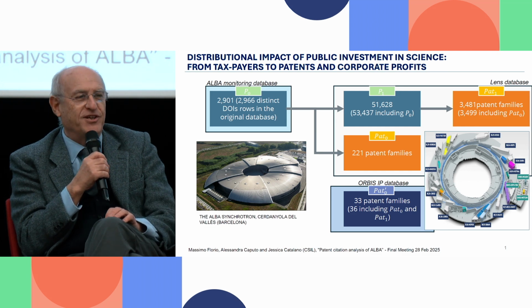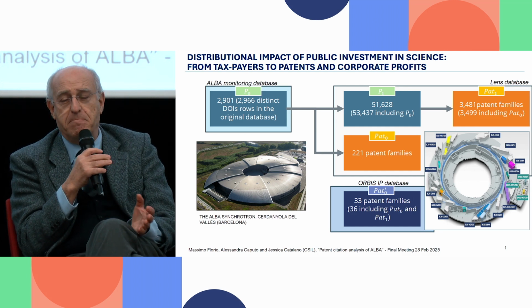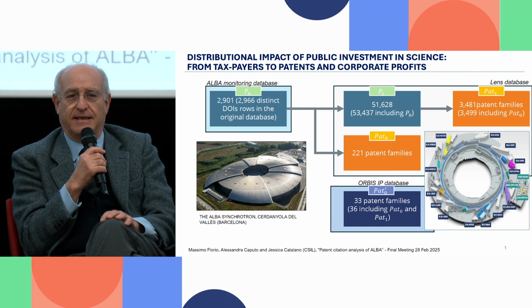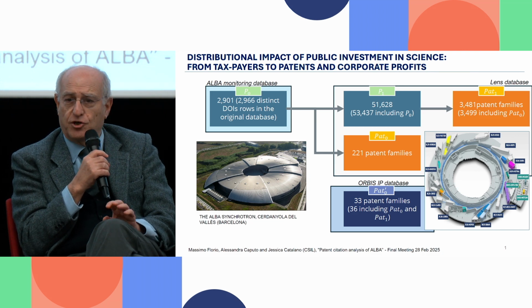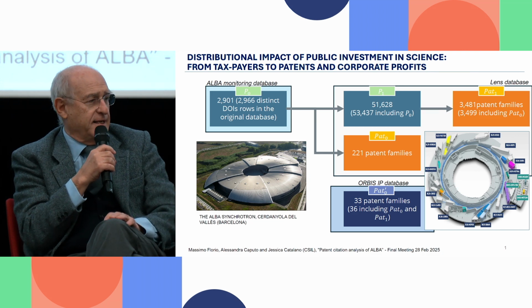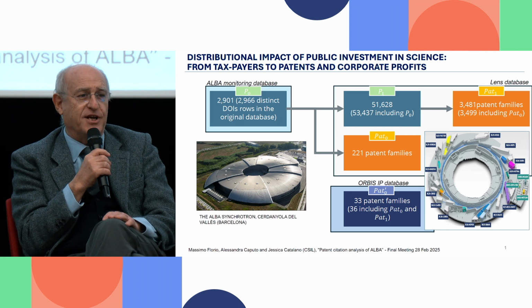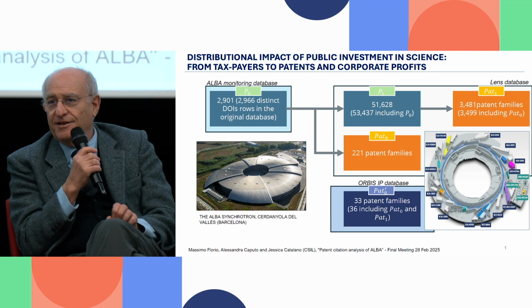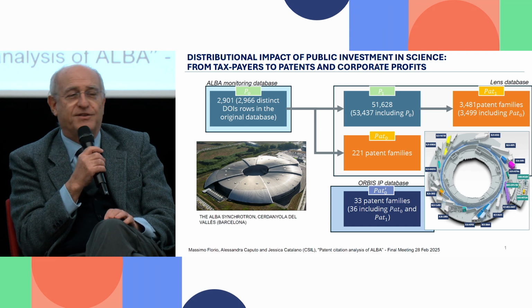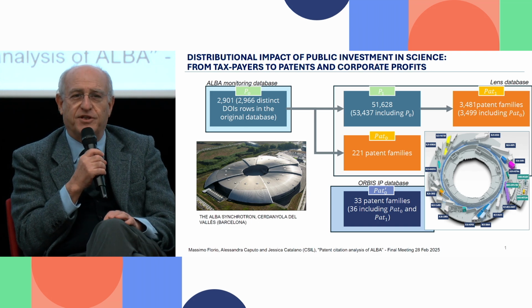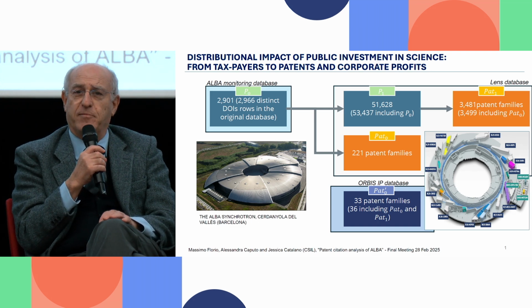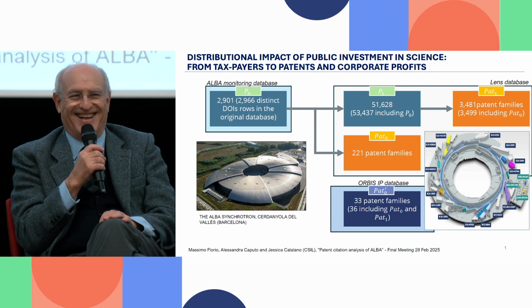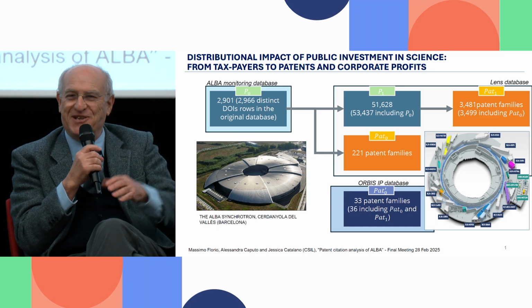A synchrotron radiation source is a big X-ray microscope. This one is Alba, near Barcelona. But if you go to Saclay, you may find another one with the modest name of Soleil. Very French, I mean.